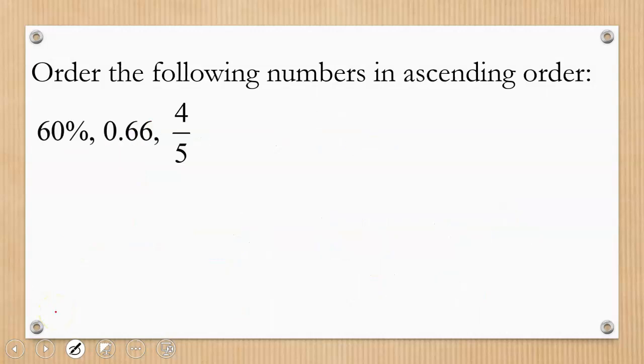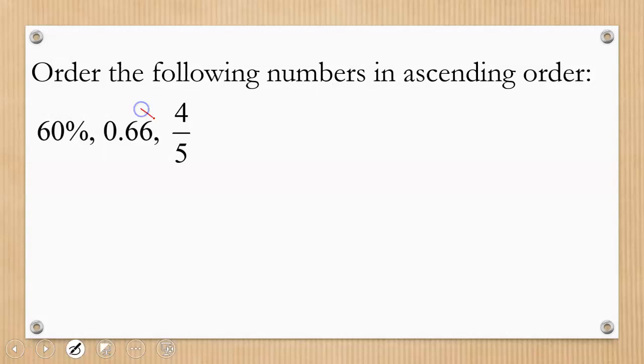Let's take the last example. Here we are to order the following numbers in ascending order. Again, the choice is yours whether to move the numbers to percentages or to change them to decimal fractions. I prefer the percentage, so let me go by that.